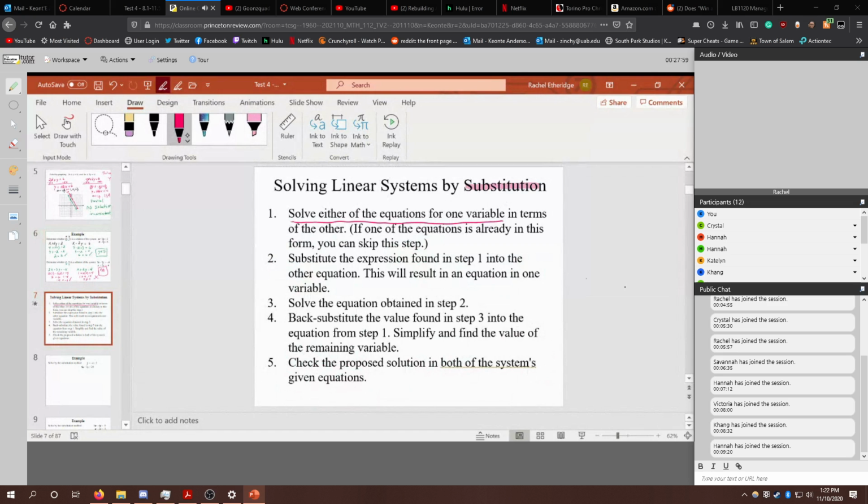If one of the equations is already in that form, you can skip that step. Substitute what you got for that variable into the other equation. Then you're going to solve the equation and back substitute. And then you can check your solution in both equations and make sure that it's correct. You can always check these to make sure that you did your work correctly.